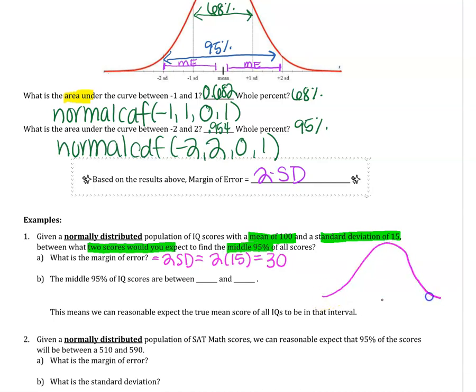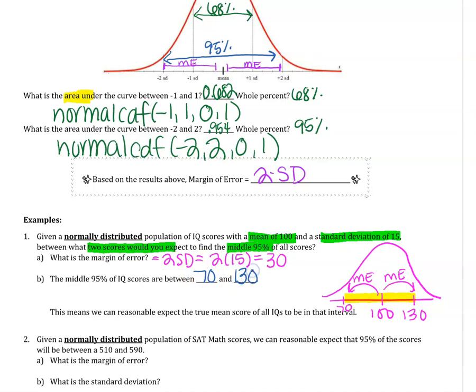So in your normal distribution, your mean would be at the middle, so that's 100. And they're saying your middle 95% would be plus your margin of error, minus your margin of error. Now, if we just said the margin of error is 30, that means this value right here would be 130. This value down here would be 70. So that means I can reasonably expect that my middle 95% of data would be between a 70 and a 130.